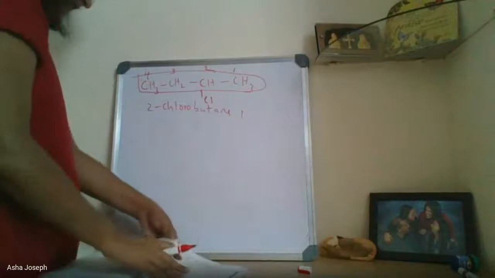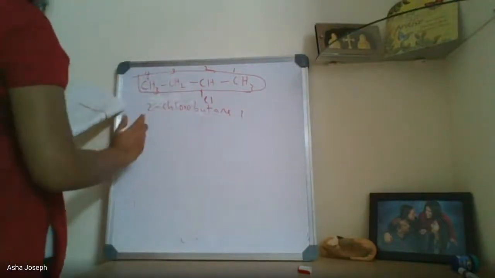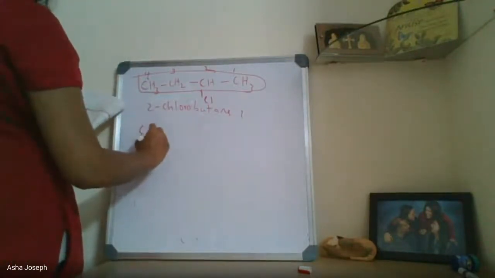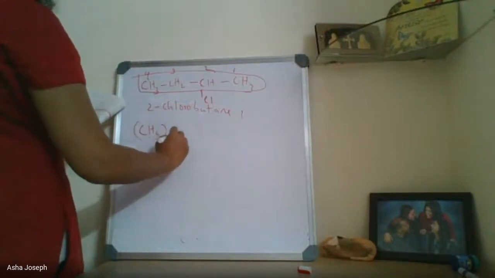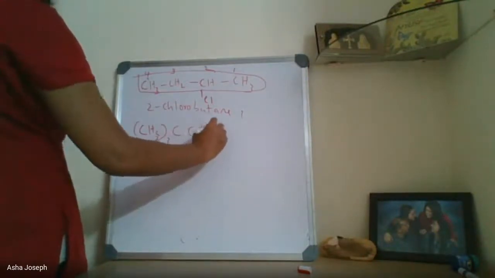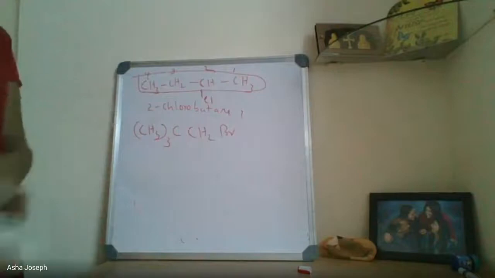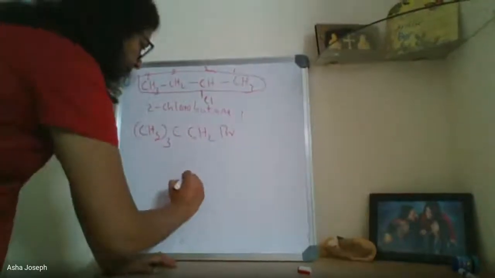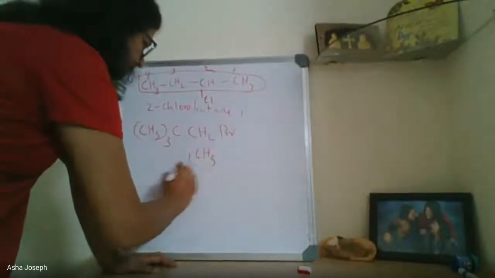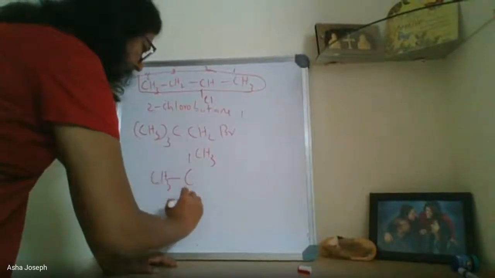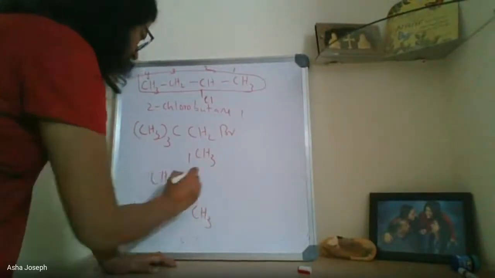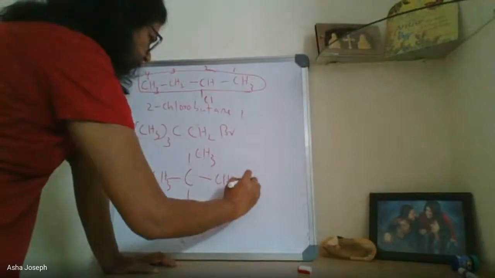So, the compound is CH3, C with three bonds, one CH2 is also there. Okay. So now we will expand this: CH3, CH3, CH3, CH2, Br.